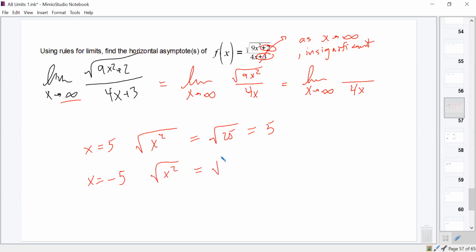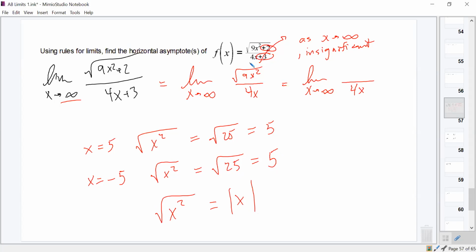It's equal to the square root of 25, which is 5. So what is the square root of x squared equal to? The absolute value of x. Yeah, we want to call the square root of x squared equal to the absolute value of x. It's a very important thing. Square root of x squared is the absolute value of x.